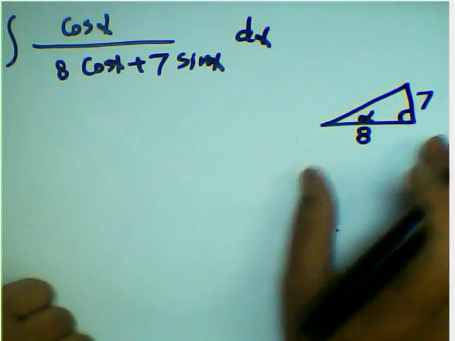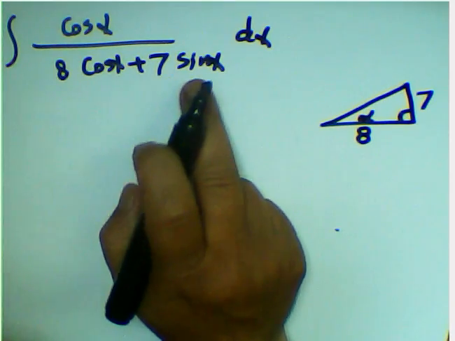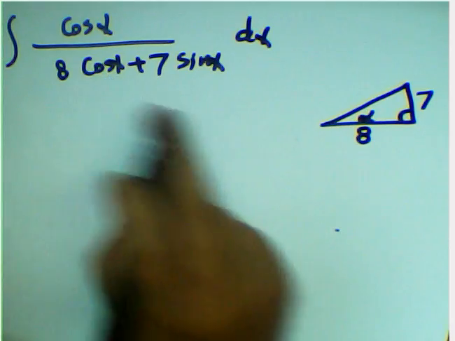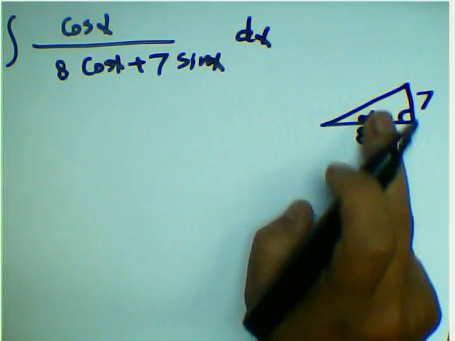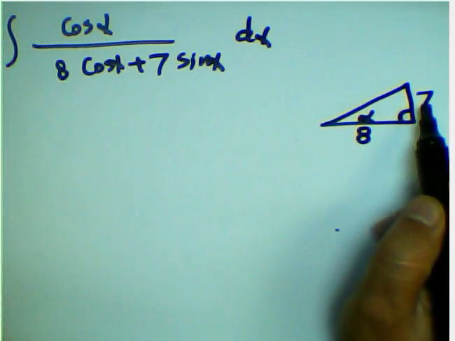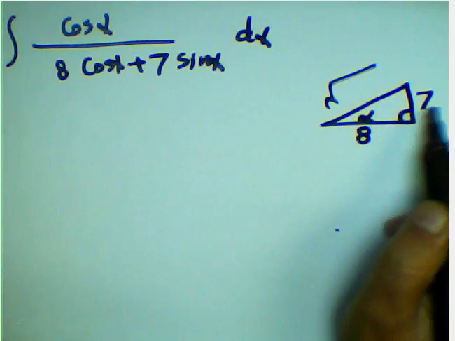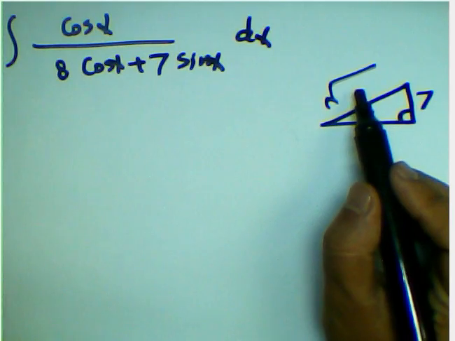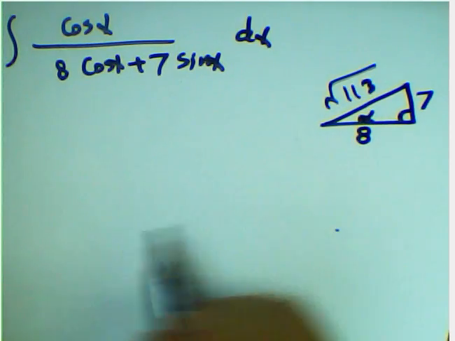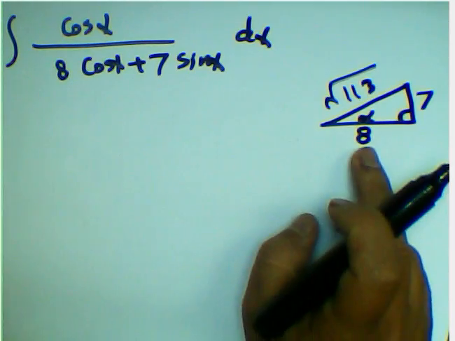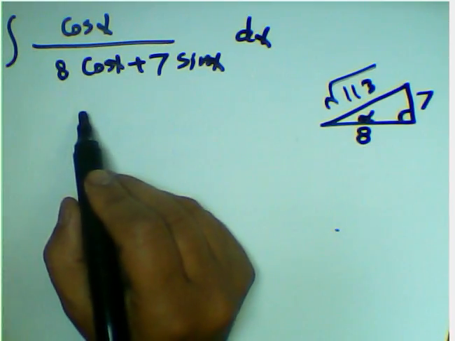I will draw a triangle and write the coefficient of sine opposite the angle and the coefficient of cosine x adjacent the angle. And find this by using Pythagoras, square root of 8 power 2, 64, plus 7 power 2, 49. It will be square root of 113. Okay, and we will multiply by what?